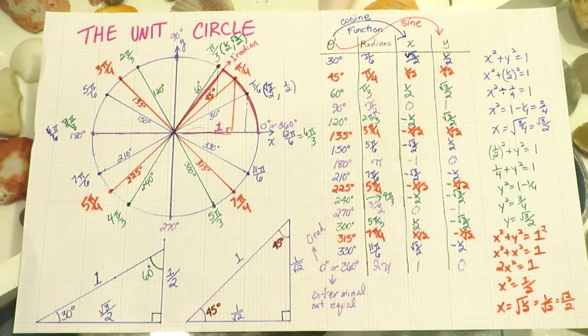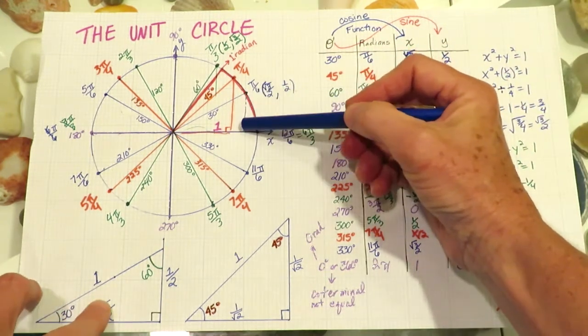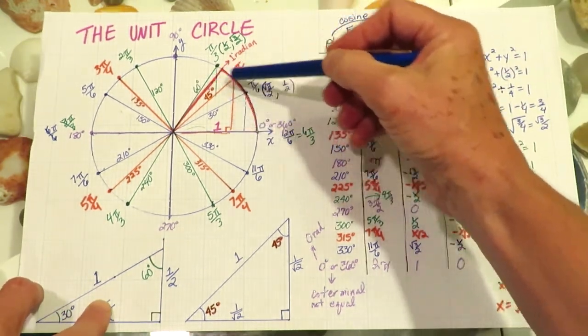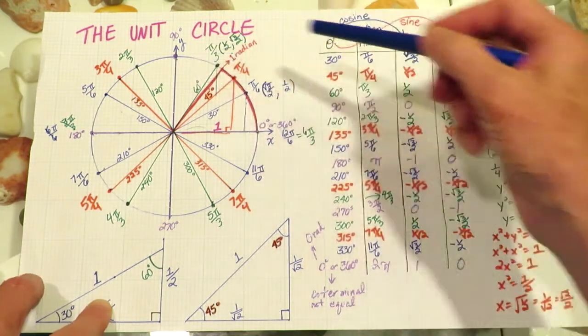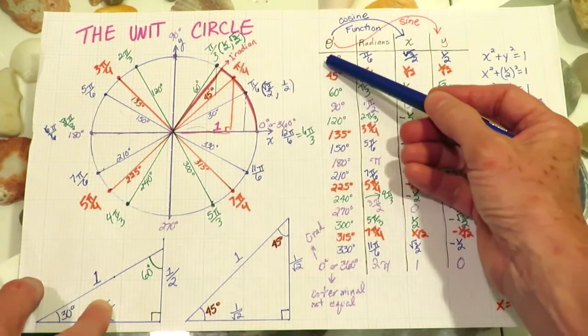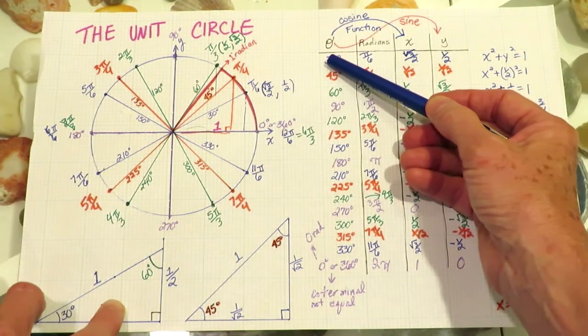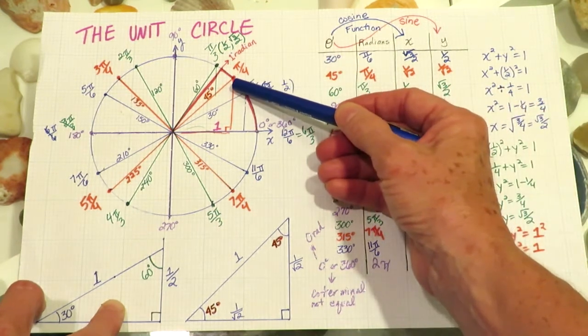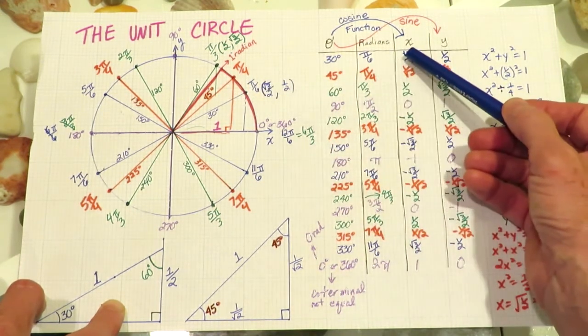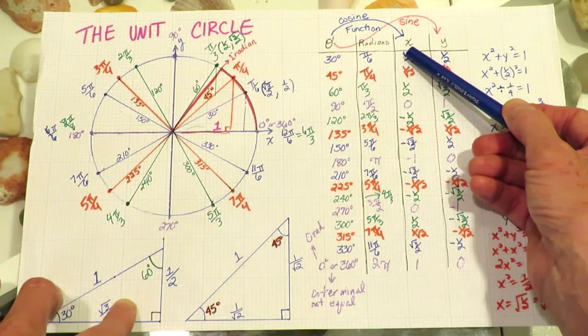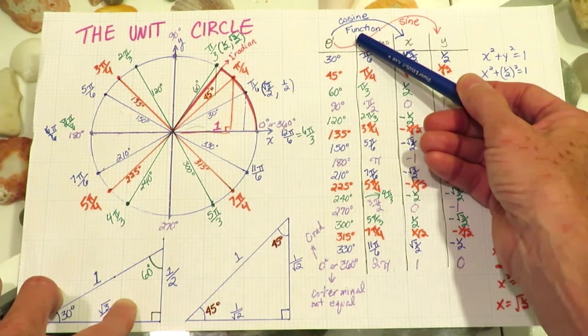If we map an angle measured from the positive x-axis, and we're going to be measuring counterclockwise, so up into quadrant 1, and we figure out what the x-coordinate on the unit circle is, we're mapping it to the x-coordinate. We're going to call that function cosine.